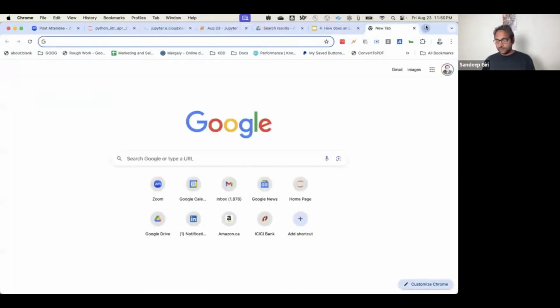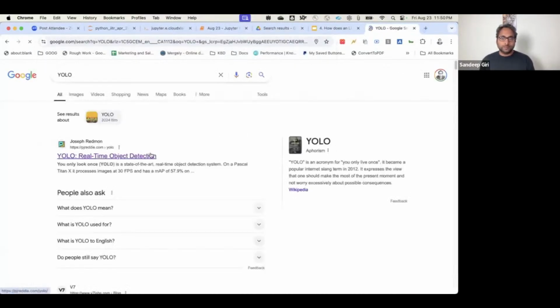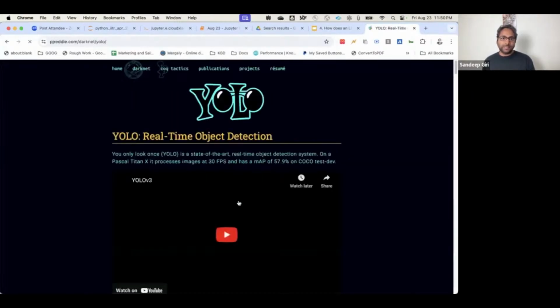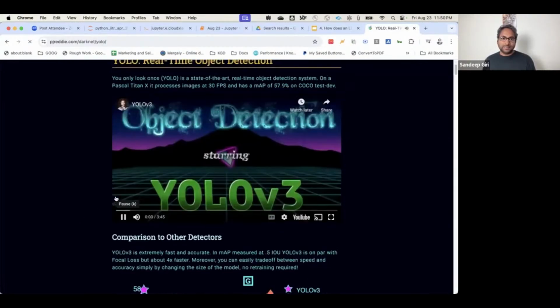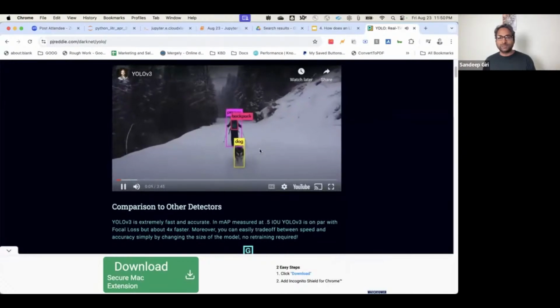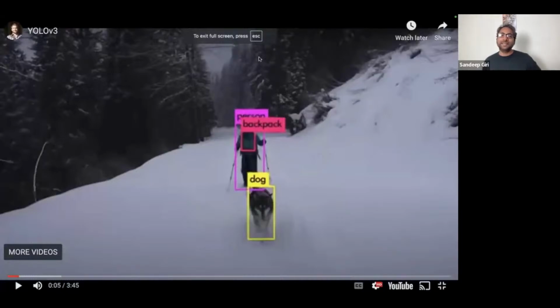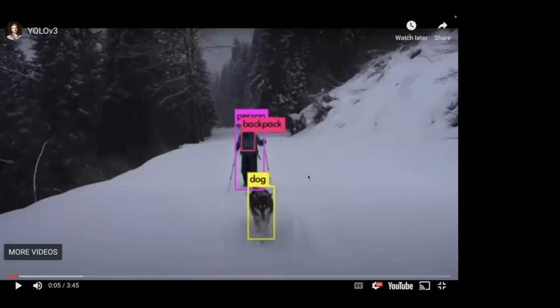Okay, ads might come. So this model that you see here is taking a photo, marking the rectangles here. Is it a classification or a regression? Classification. This is a classification.